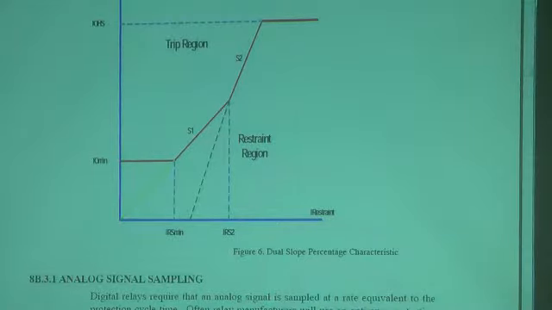Anything above this is your trip. So the more restraint you have, the more operating current you need. I guess the idea behind the two different slopes was to account for CT saturation when you got into the really high fault through faults.